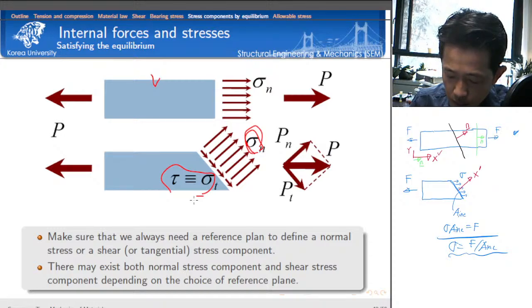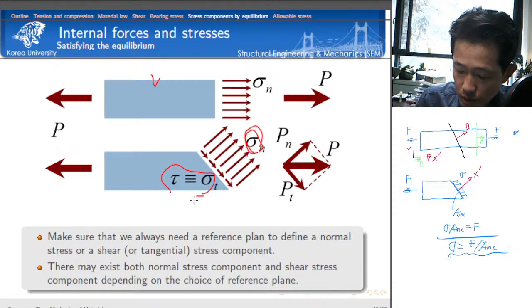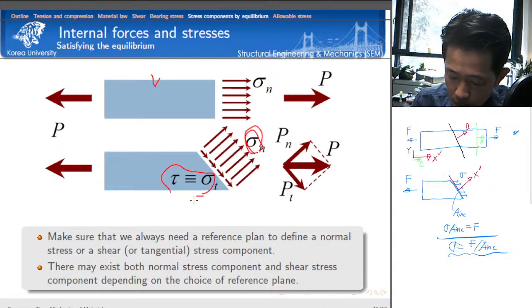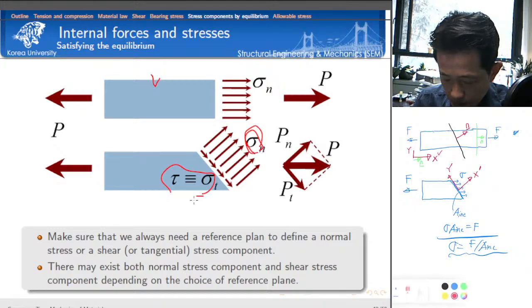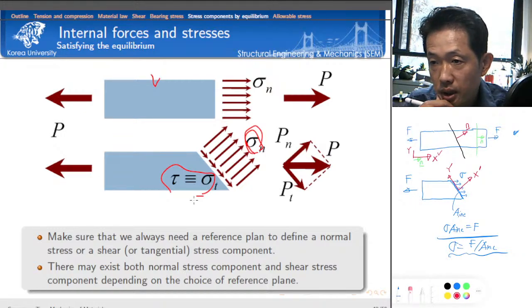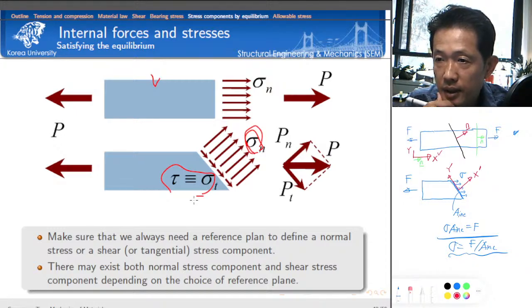And as long as we are using the right-hand rule, then we have the y direction. Similar to the last example, we want to consider any stress component in the direction of the new coordinate system. That's what we want to do.